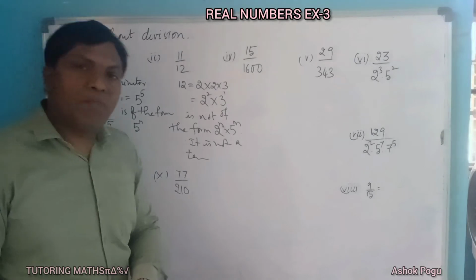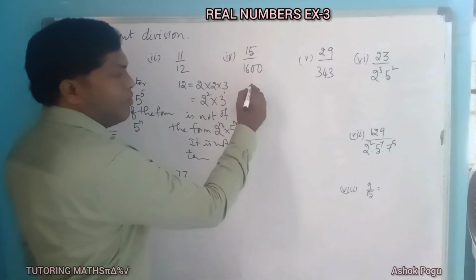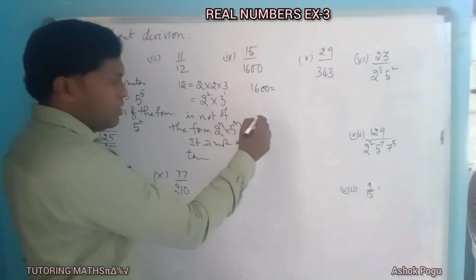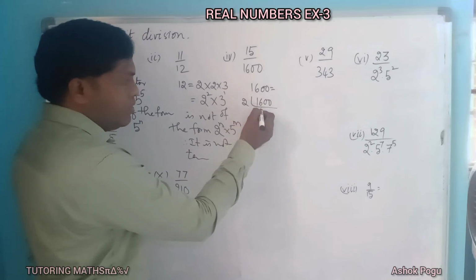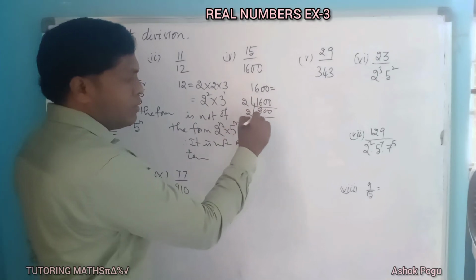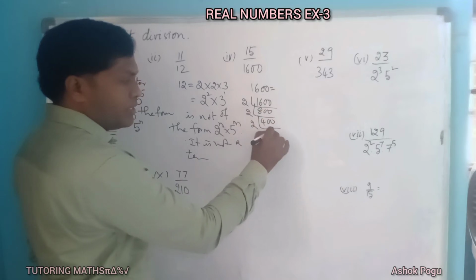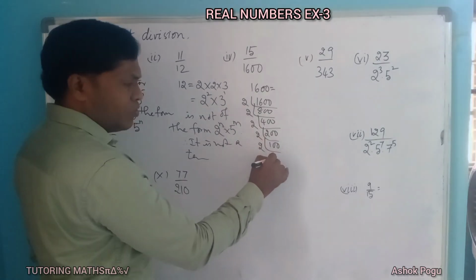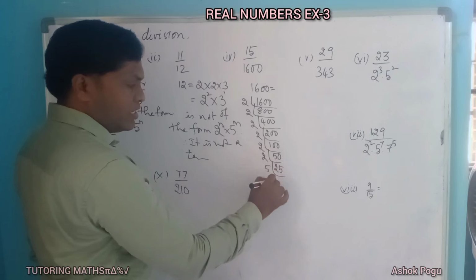Coming to question number 4, 15 by 1600. What are the prime factors of 1600? Let us see. You can find them using the prime numbers table. 2 8s are 16, 2 400s are 800, 2 200s are 400, 2 100s are 200, 2 50s and 2 25s, and it is 5 square.